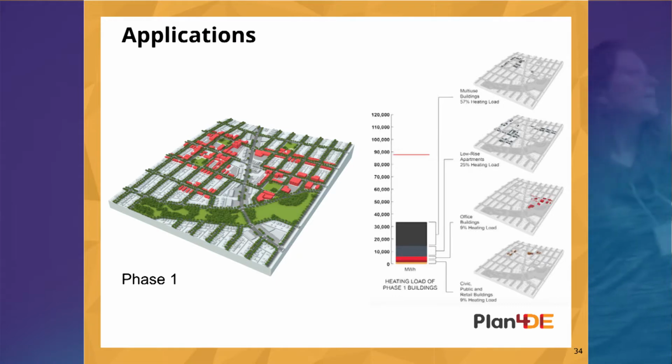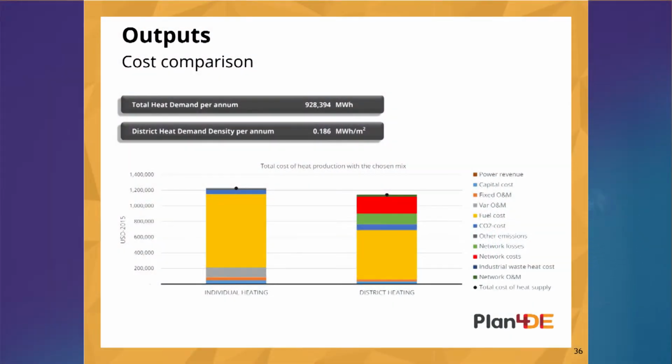You have this red bar up here showing the energy density that is required. Here's where we're at with phase 1 of the plan, and then testing it out with the second phase combined. You can see that we find from Plan4DE that the district energy scenario becomes more viable, if you will, as compared to the individual building scenario.